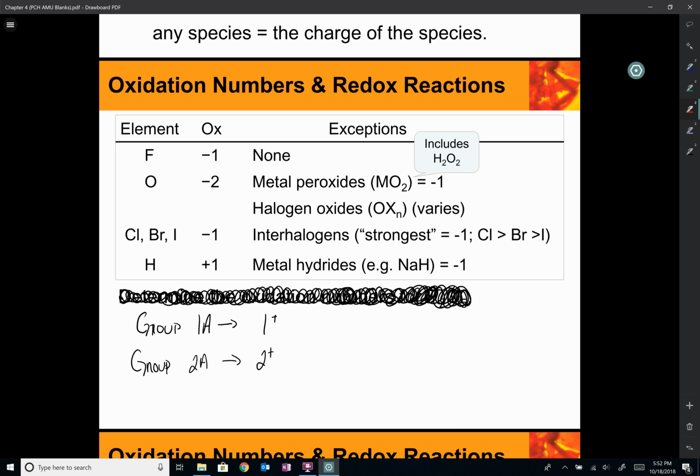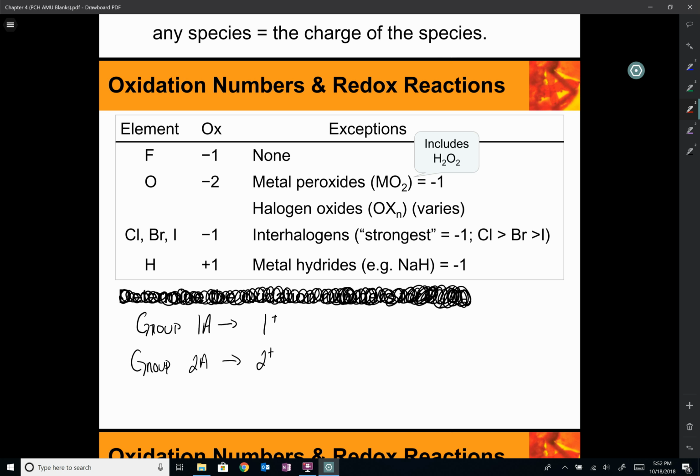Group 1A metals are 1+, and group 2A metals are 2+, okay? So these are the known rules that we're going to use, okay? So when we're starting out a problem by assigning oxidation state, we have to know these rules here, right? There is no real mystery or trick about it until we learn something later on in the semester. Well, there's a way that we can kind of work a way around this, but in general, these rules aren't that bad, right?